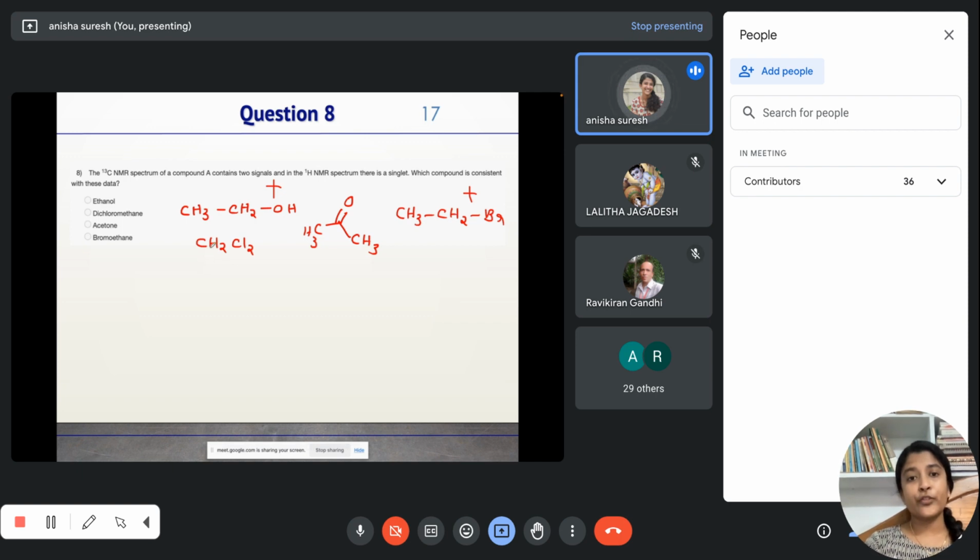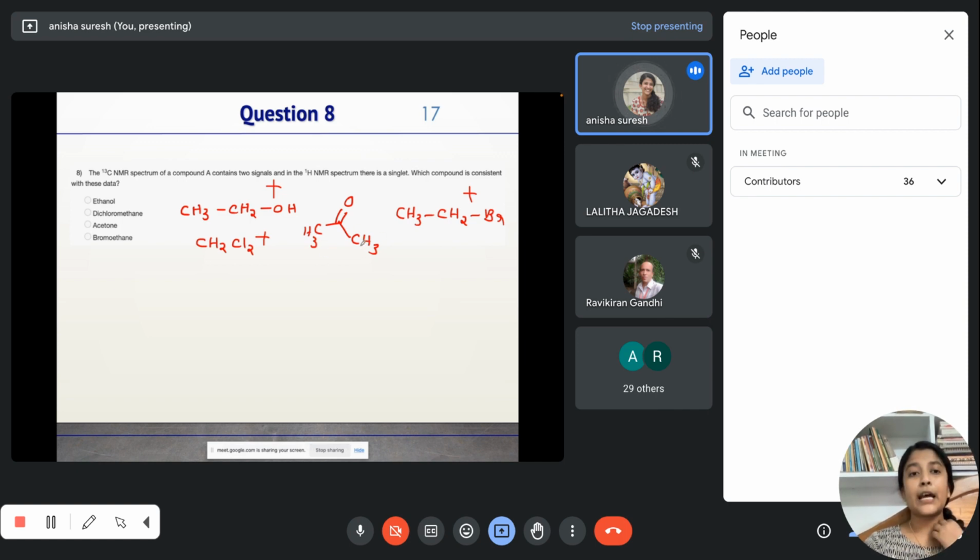In the case of dichloromethane, it will have only one carbon signal and one singlet for proton NMR. Here they have given two signals in the 13C NMR spectrum, so it is not matching with dichloromethane, and this option can be ruled out. Now in the case of acetone, these two CH3s are identical, so they will come as a singlet. There are no other protons, so in the proton spectrum there will be only one signal.